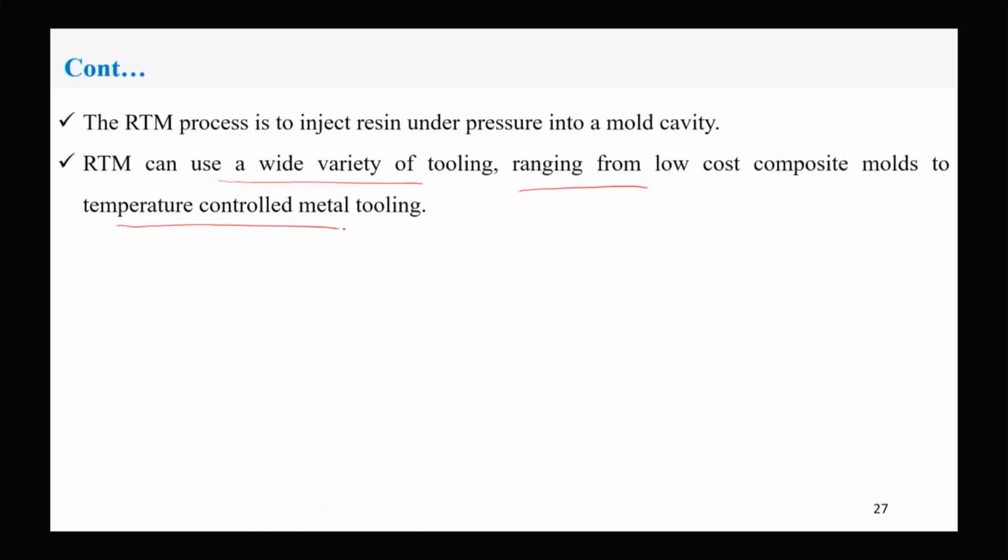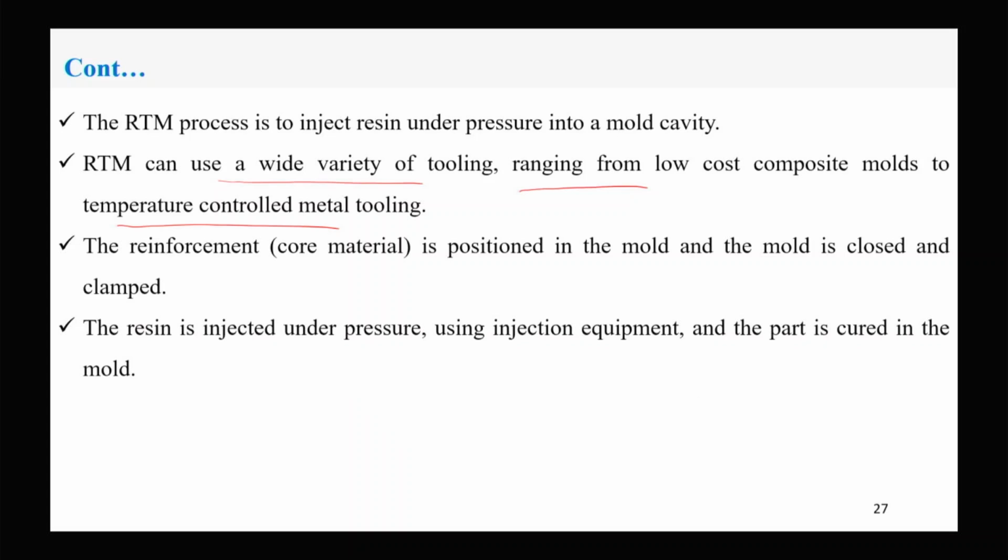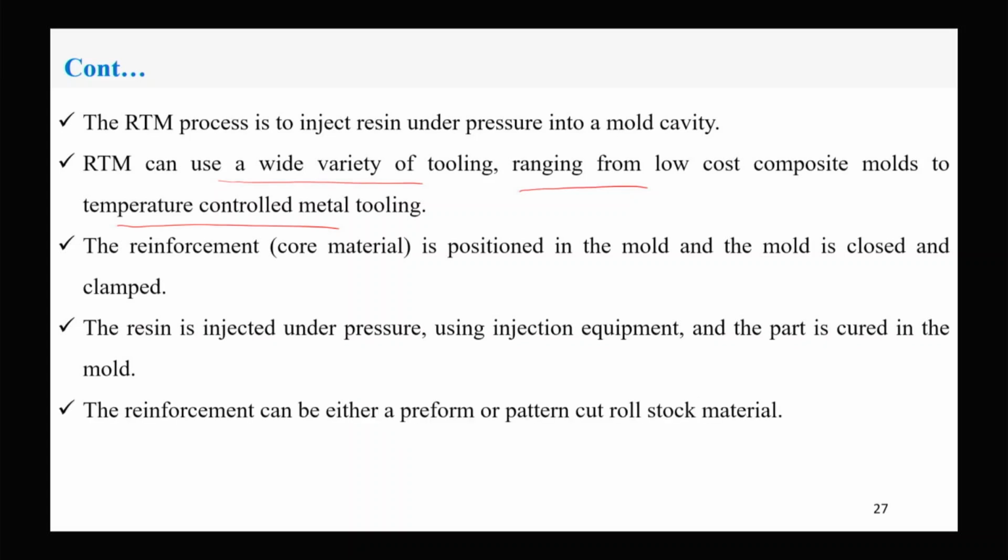So different types of combinations can be incorporated here. The reinforcement is positioned inside the mold, and then the mold is closed and clamped. The resin is injected, as I have mentioned.